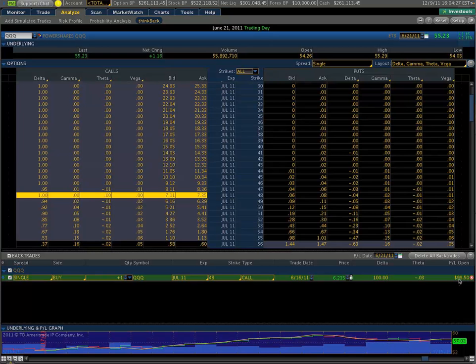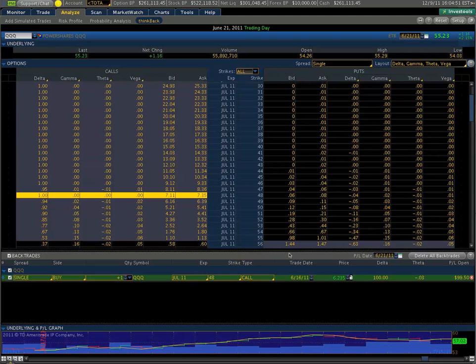We rose about $1.06 in our option price, with a delta of 100. It's now trading for $7.11 to $7.35, rising approximately $1 from our $6.23.5 price that we paid for it.